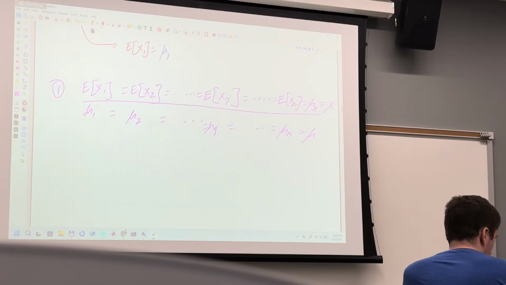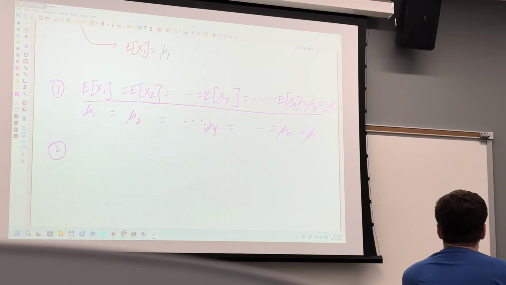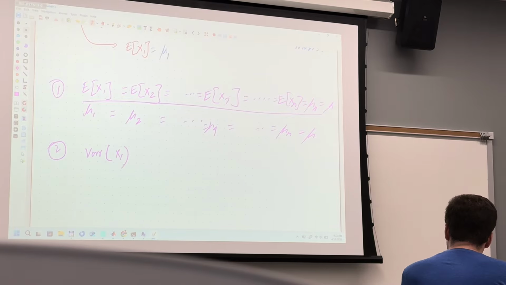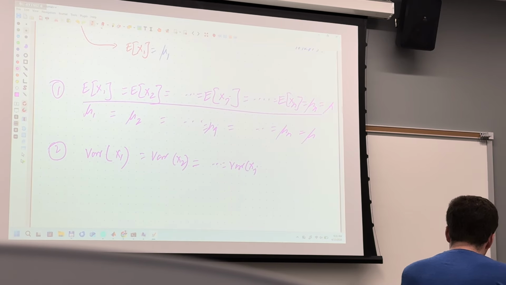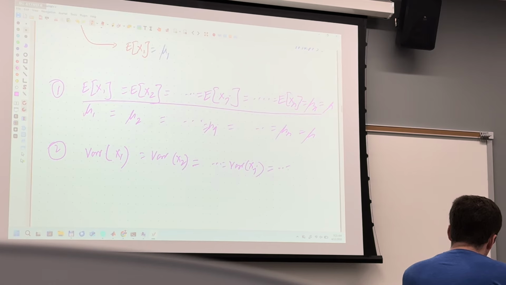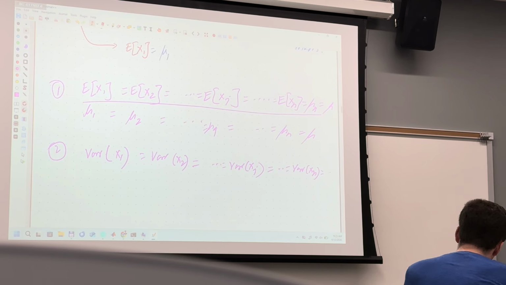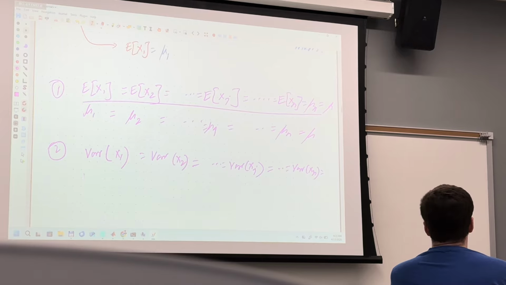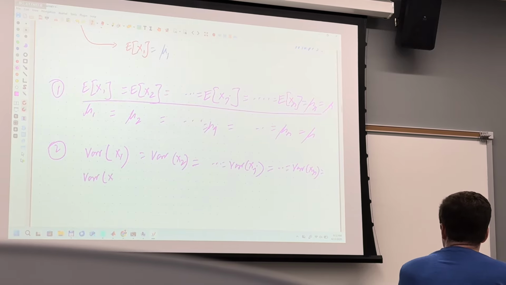And number two, if the random variables are IID, then the variance of x1 equals variance of x2 equals dotted, variance of x sub j equals dotted, variance of x sub n equals variance of x equals sigma squared.